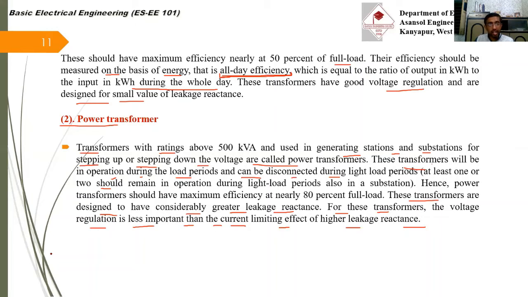There are other kinds of transformers like potential transformer, current transformer, unit transformer, pulse transformer.